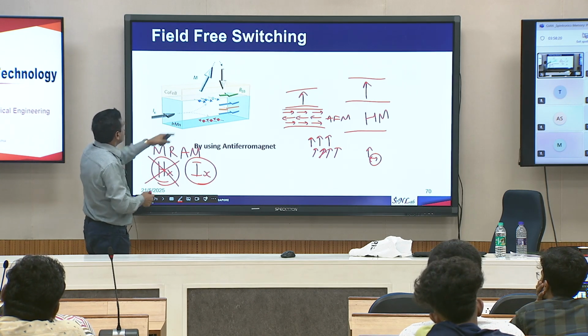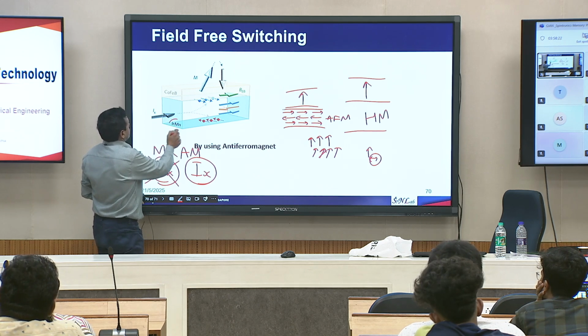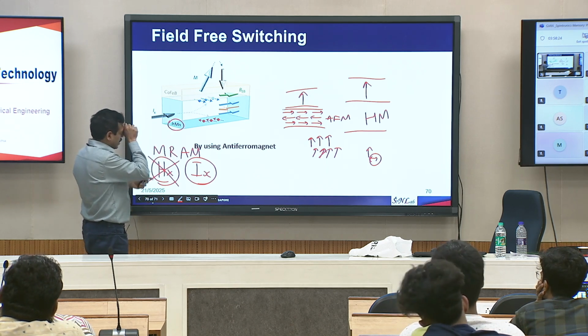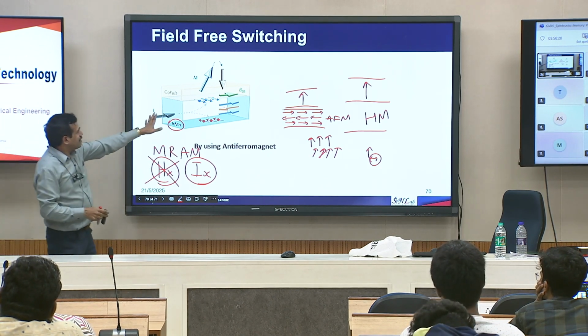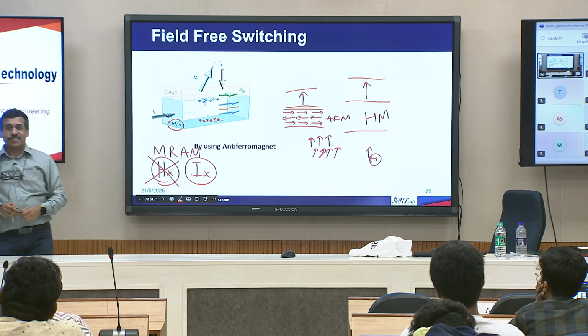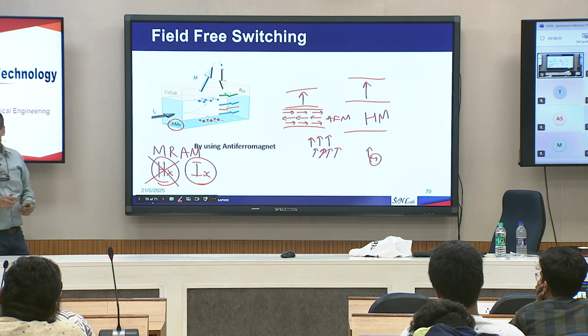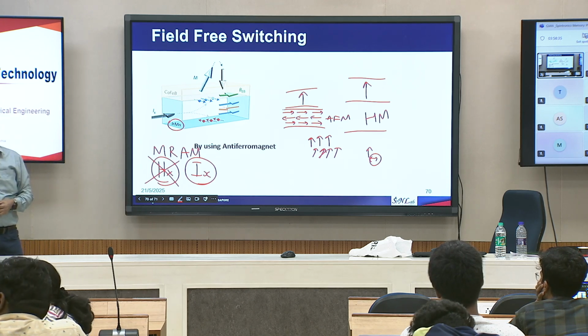In this case they have shown iridium manganese as the heavy metal layer. They have demonstrated this, so it works. One question: can you replace this heavy metal with some composition which has a high spin Hall effect coefficient?